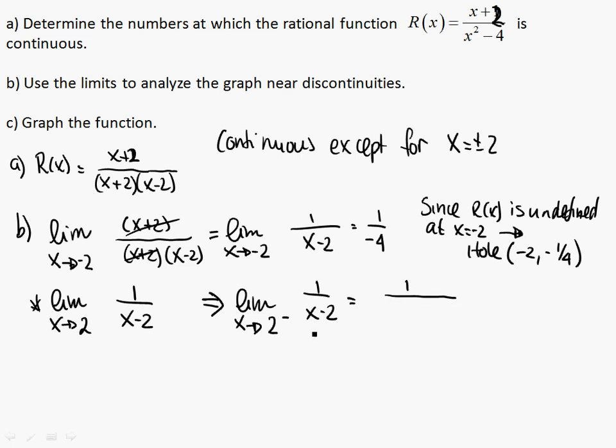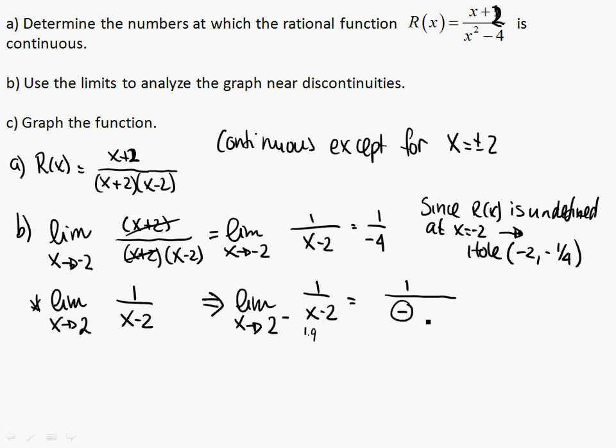Alright, if I have a number that is slightly less than 2, and we'll start with 1.9, what do you get out of the bottom of the fraction? A positive or a negative? If I use 1.9, which is close to 2 but slightly below it, and I plug this in here, what do I get? 1.9 minus 2 is a positive or a negative? Negative.